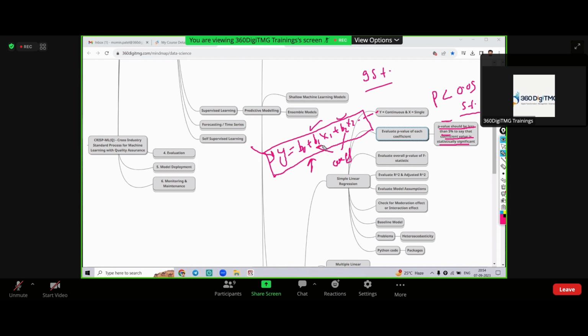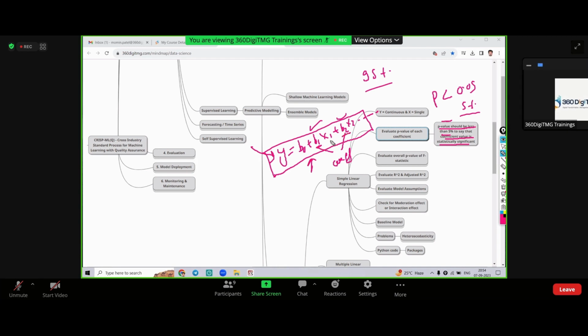Obviously, for that you should have the coefficient values, but you need to check whether they are correct. So you need to evaluate the p value for each coefficient, and it should be less than 5% to say the coefficient values are statistically significant, meaning you can use them.